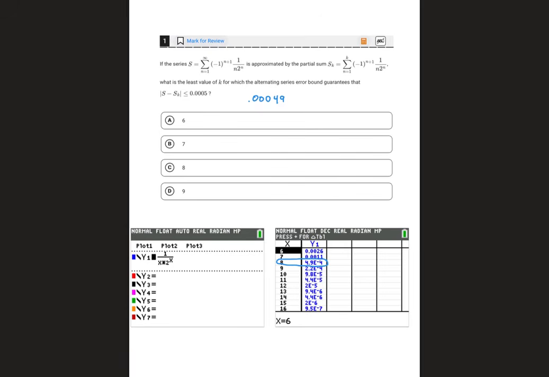So that means our approximation has to use the first 7 terms, and that's what k is. K is the actual approximation itself. The first unused term is the 8th term, but it's the approximation of the first 7 terms, and that's what they asked for. So okay, that'll be B.